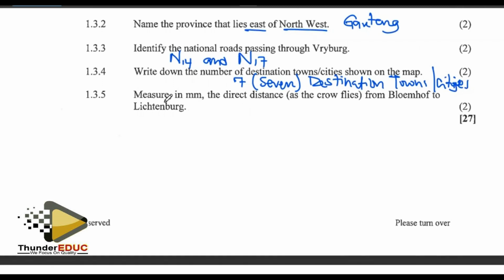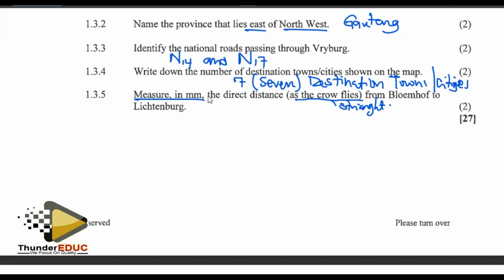Unfortunately or fortunately, we are not using any ruler. But if they say measure in millimeters, this is when you pick your ruler. When you pick your ruler, please measure the distance as they have told you. Now, in brackets, I've said as the crow flies. So in simple terms, they don't want you to use the string or the thread. Use a ruler and it will be a straight line from one point to another.